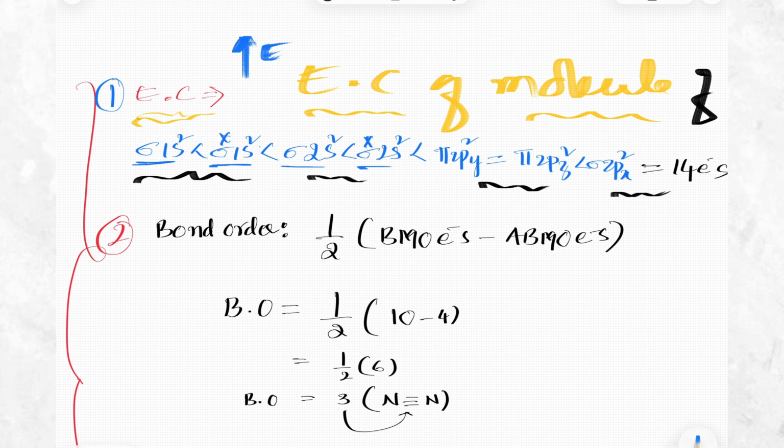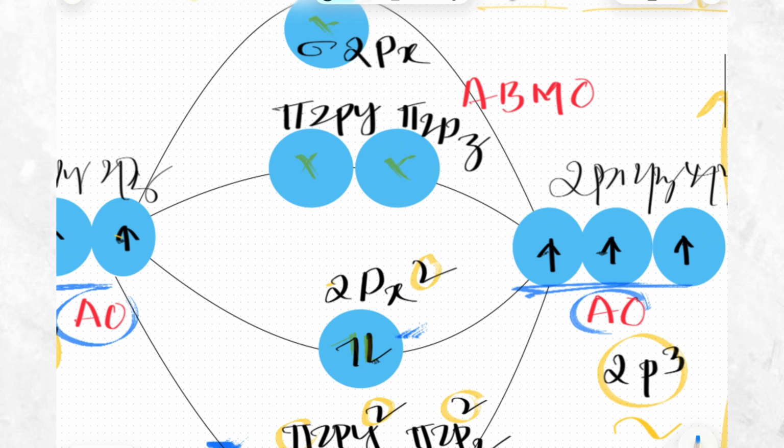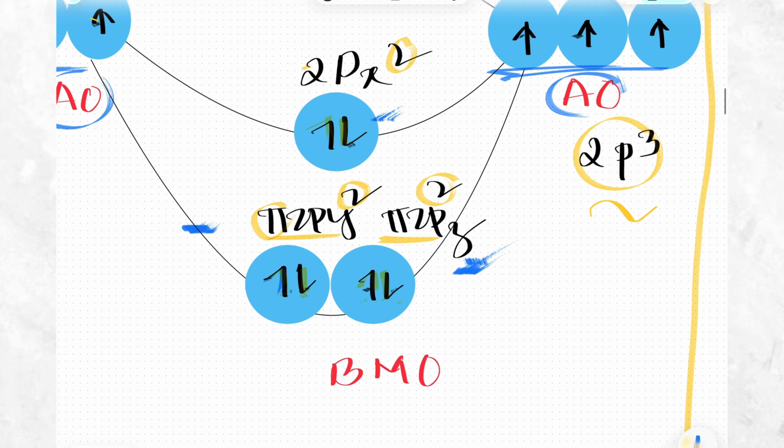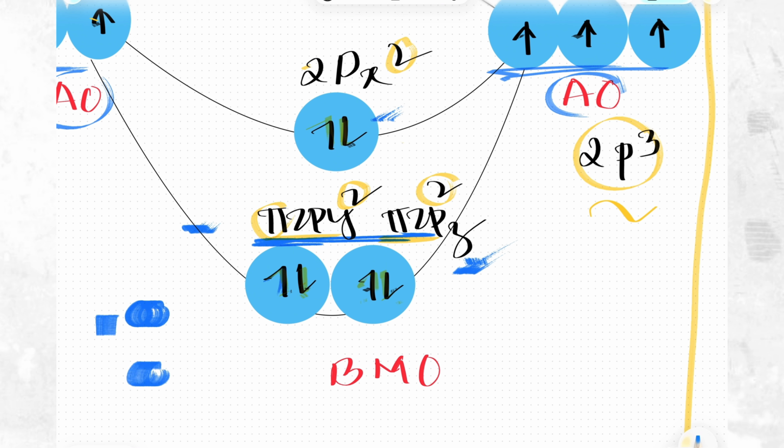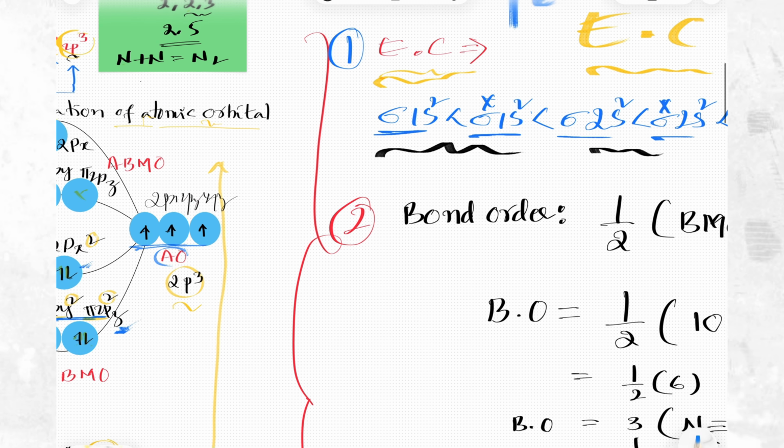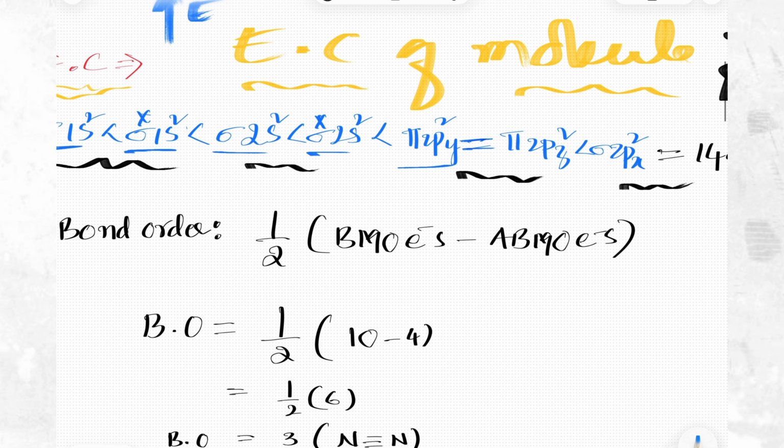Next one, pi 2py2 and pi 2pz2. In the diagram, both are at the same level, having the same energy level, not one up and one down. Therefore, in the electronic configuration also, these two are equal.